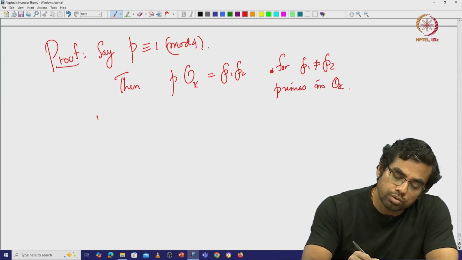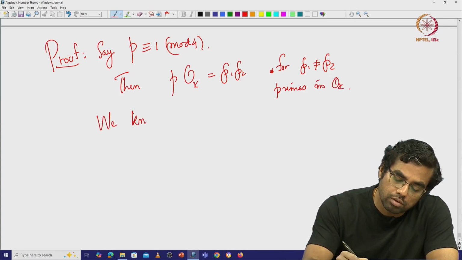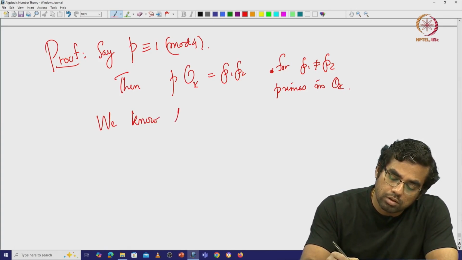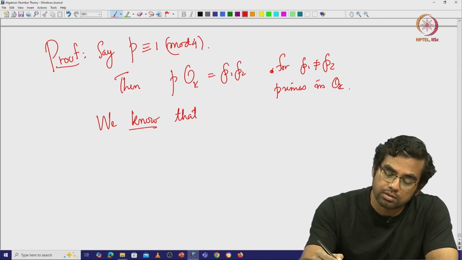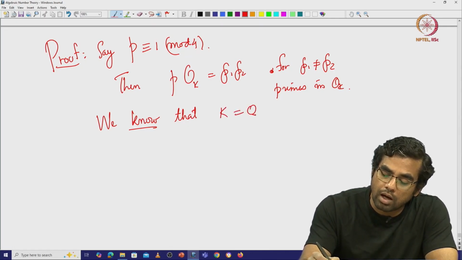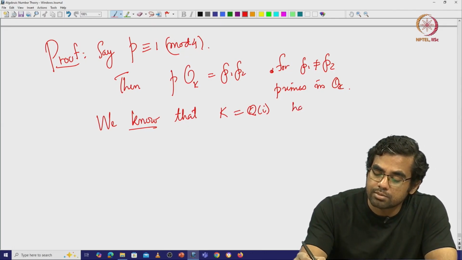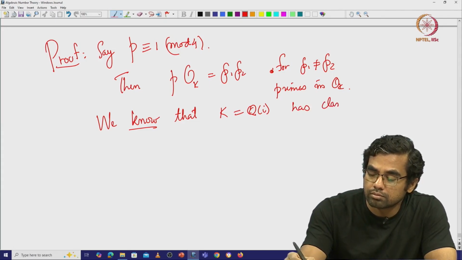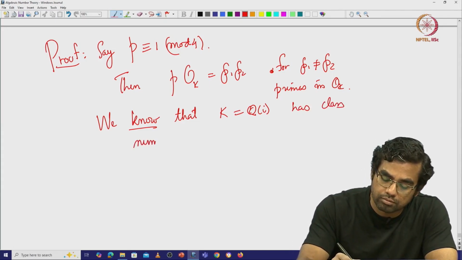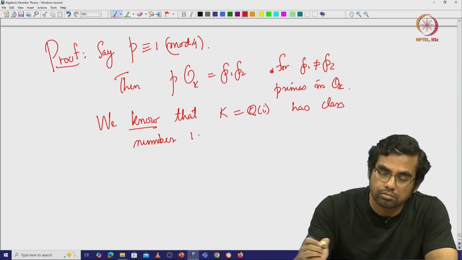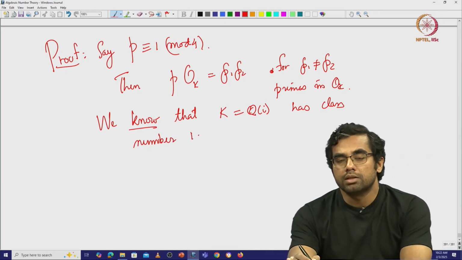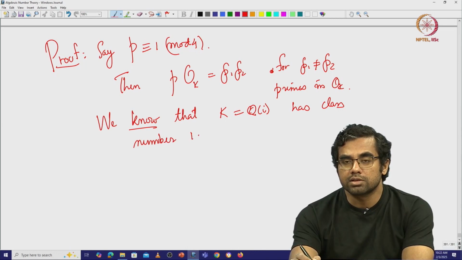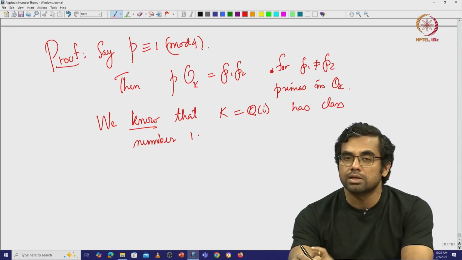But we also know, or if we do not know yet, we will prove this, that K, this is Q(i), has class number 1. The Minkowski bound of this is really small, so I think it is less than 3.